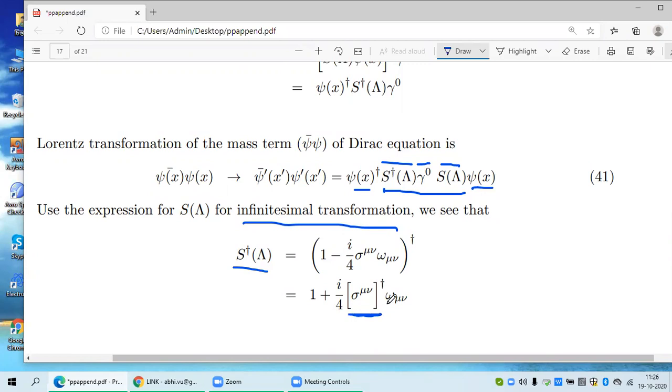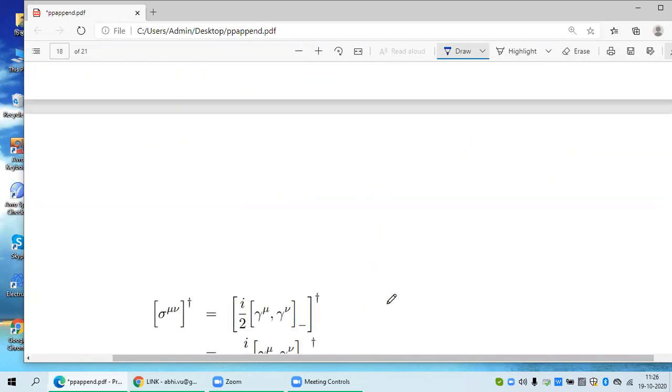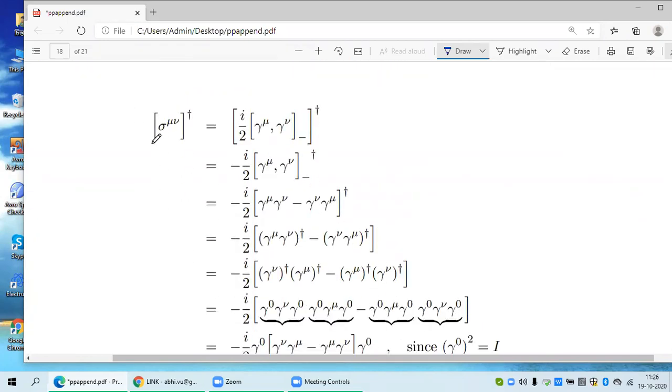Sigma mu nu is by definition the commutator of gamma mu and gamma nu times i by 2. Whole dagger makes minus i by 2 and the dagger of the commutator. A plus b whole dagger is a dagger plus b dagger, so there is no flip here.